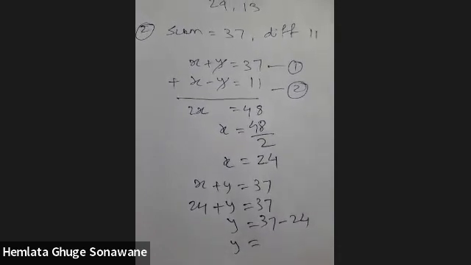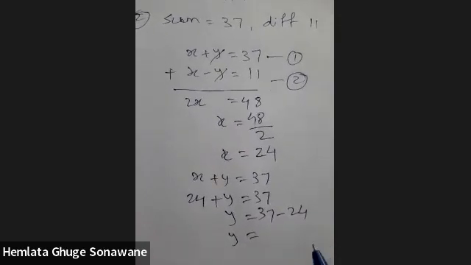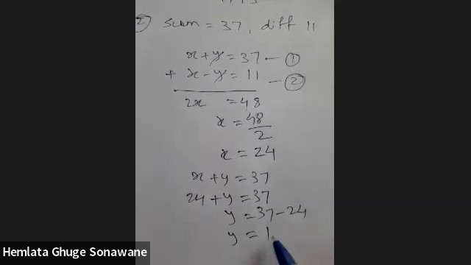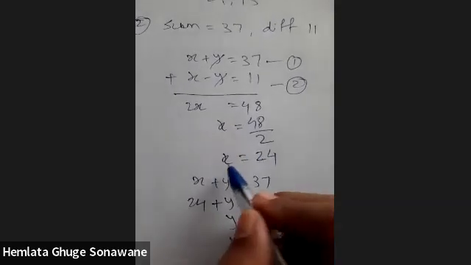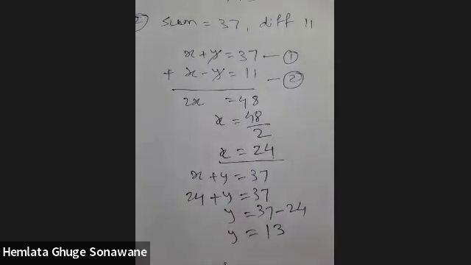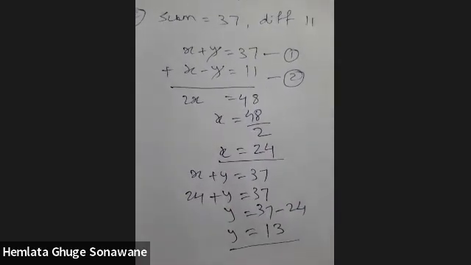So y is equal to 37 minus 24 becomes 13. Okay, now we have got value of x as 24 and y as 13.